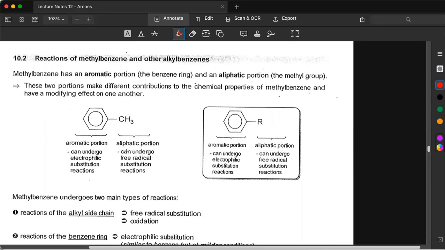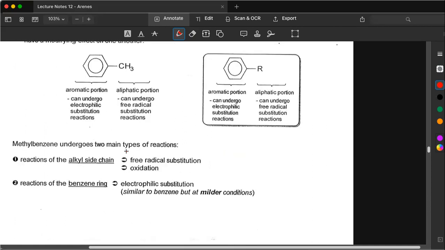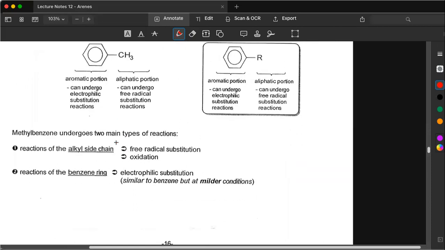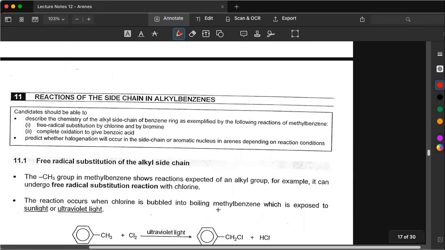So these two portions have different contributions to the chemical properties of methyl benzene, and they actually affect each other. For the alkyl side chain, we will consider free radical substitution and even oxidation. For the benzene ring, we'll think about electrophilic substitution, similar to benzene, but at milder conditions.